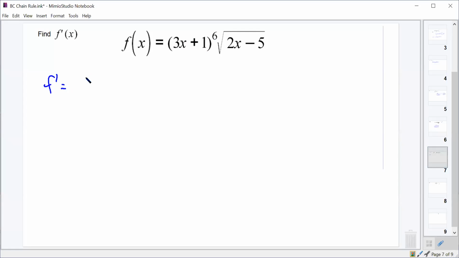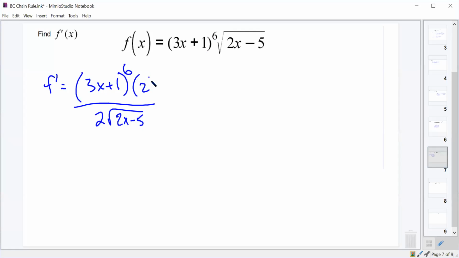We've got u, 3x plus 1 to the 6th times the derivative of root 2x minus 5, which is 1 over 2 root 2x minus 5, times the derivative of 2x minus 5, which is 2, plus your root 2x minus 5 times the derivative of 3x plus 1 to the 6th, which is 6 times 3x plus 1 to the 5th, times the derivative of 3x plus 1, which is 3.